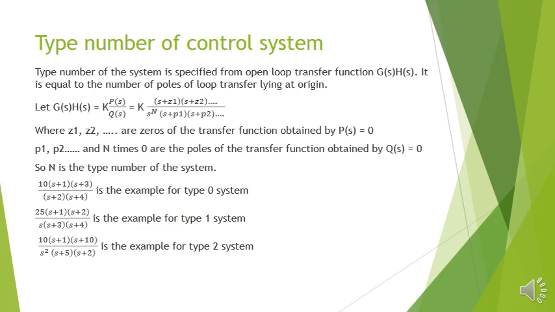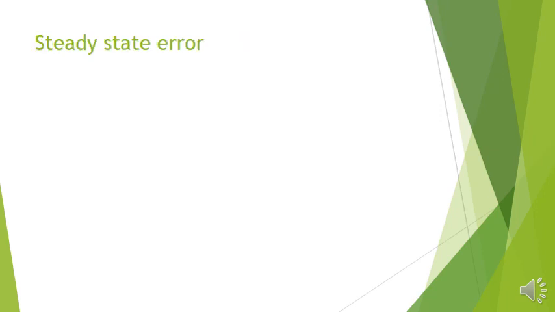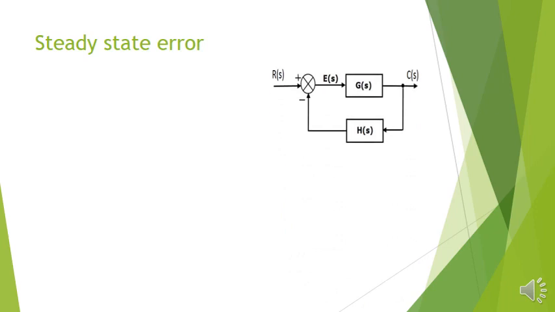Now we will concentrate on steady state error. To find the steady state error, first we need to get the expression for error. Let us consider this block diagram where the input is R of s, the output is C of s, and the forward path and feedback transfer functions are G of s and H of s.